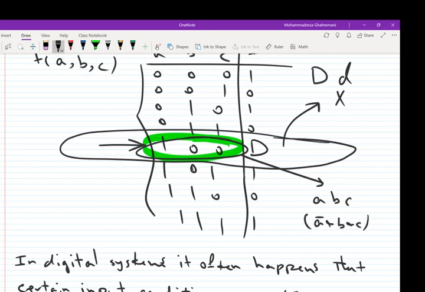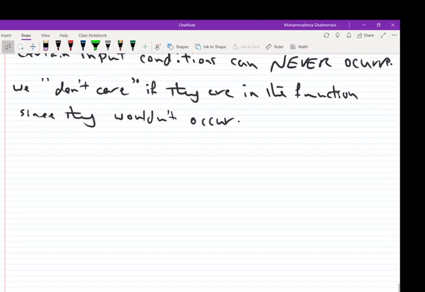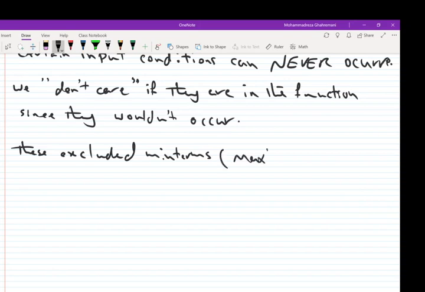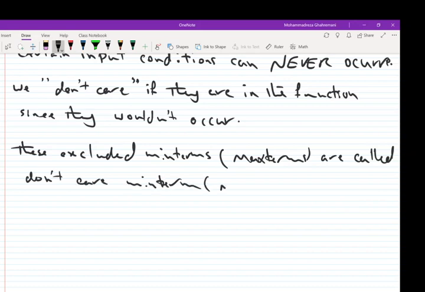These excluded min terms or max terms are called don't care min terms or max terms. Okay, so that we call them don't care.